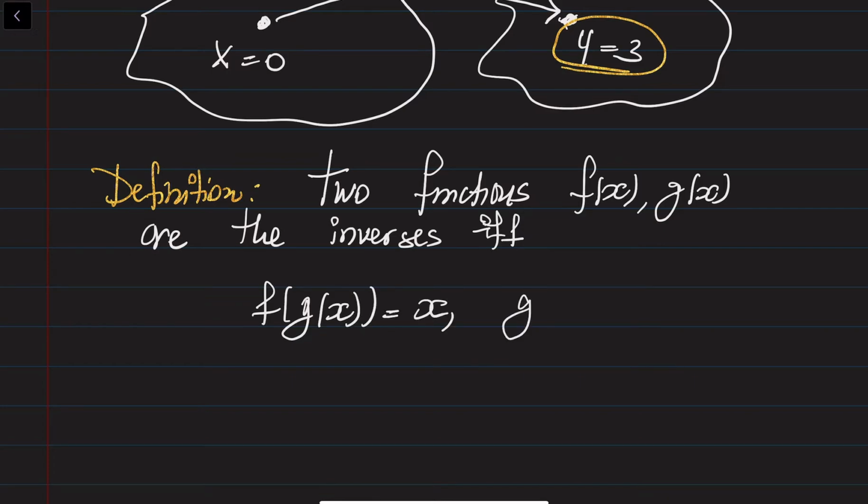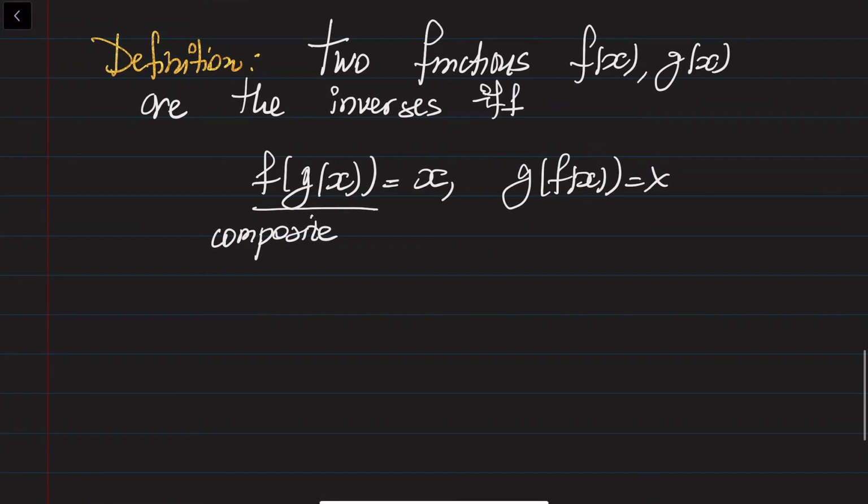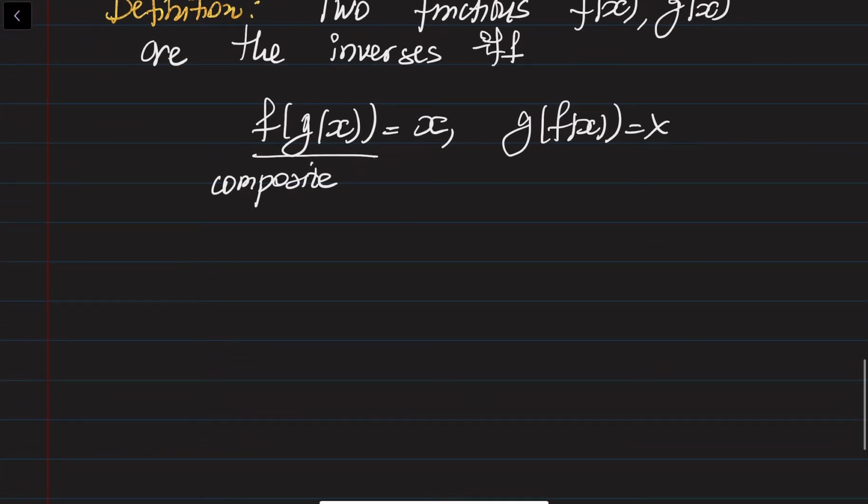At the same time, g of f of x is also equal to x. We call this a composite. Whenever you're going to plug in one of the functions into the other one, this operation is called the composition of the two functions. So essentially, the composition of these two operations should be equal to x.